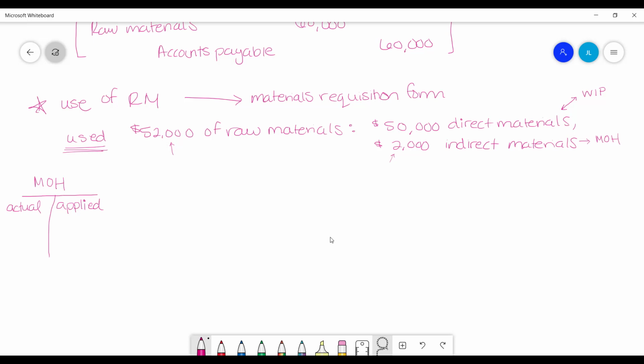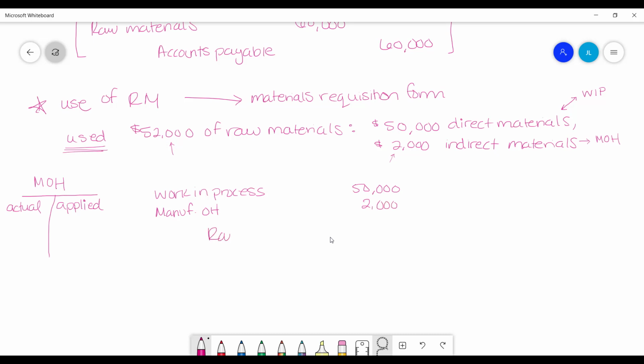We said of the $50,000 of direct materials needs to be moved into work in process. So we're going to put $50,000 in that account with a debit. And then we said the other $2,000 refers to actual manufacturing overhead costs.